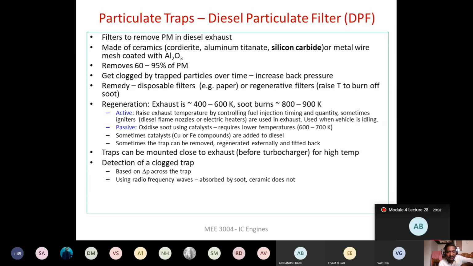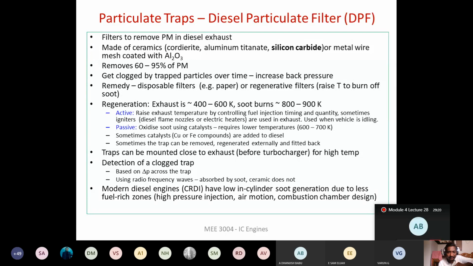If it is completely clogged, then the radio frequency waves are going to be absorbed by the soot, and depending upon the radio frequency waves that come out from the diesel particulate filter, we can determine to what extent the filter is clogged. These are the ways by which we can detect particulate filter clogging.